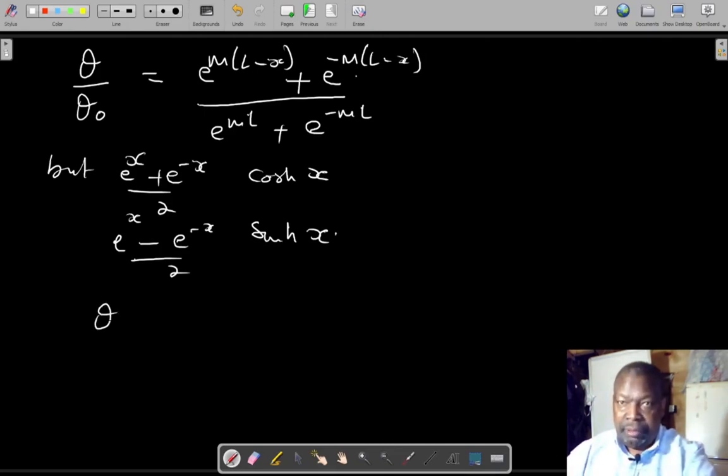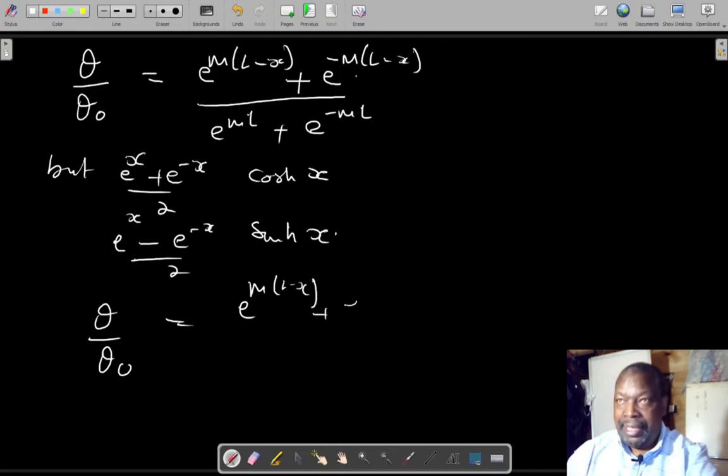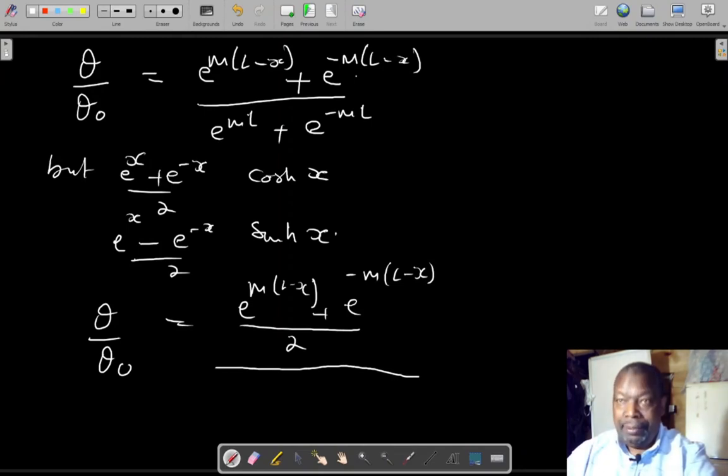So let us first of all put our above equation as e^(m(L-x)) plus e^(-m(L-x)), all of that divided by 2. Again, we have e^(mL) plus e^(-mL), all of that divided by 2.